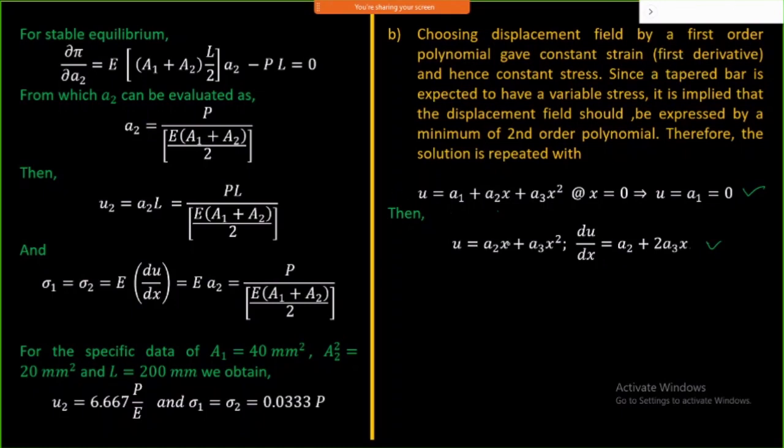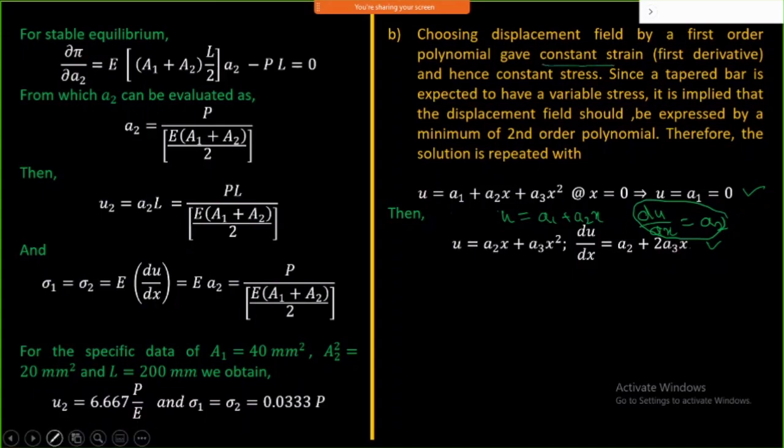As in my previous case, you might have remembered u is equal to a1 plus a2 x. Then we took du by dx, so we got a2, and this is a constant, and that is what is called a constant strain field. So it is the first derivative. If I'm taking a displacement field as a first order equation, taking a derivative results in a constant which is equal to the coefficient of x, and that constant strain is what we don't want.